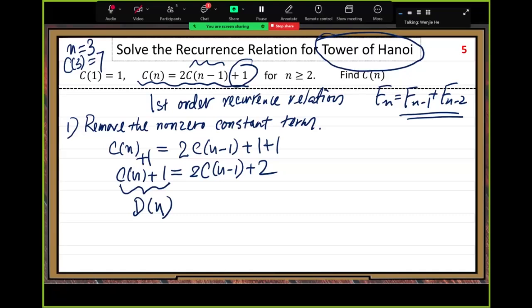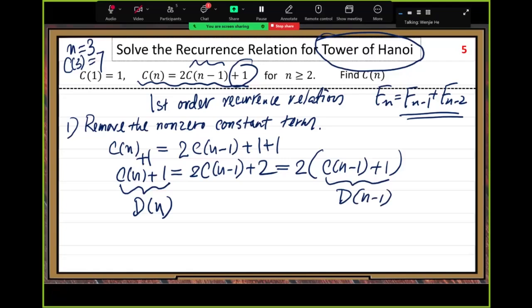Similarly, for this one, you factor common factor 2 out: C of n minus 1 plus 1. Based on our definition, can we use the d function to represent C of n minus 1 plus 1? Is it d of n minus 1 by the definition?